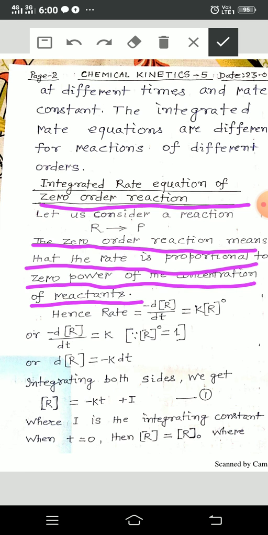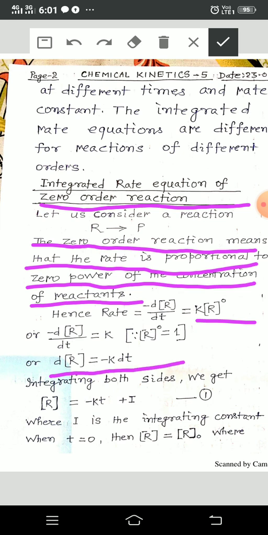Hence, rate, that is minus d concentration of R by dt, is equal to k multiplied concentration of R raised to the power 0, and here concentration of R raised to the power 0 is 1, that's why simply d concentration of R is equal to minus k dt.